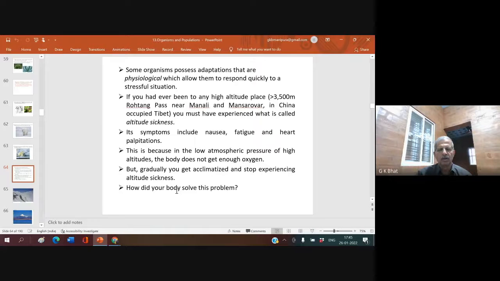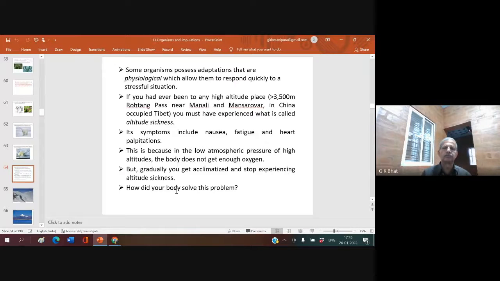When I underwent this training in the 1990s, there were absolutely no trees beyond 12,000 feet. The importance of these trees you will realize only at that time. Wherever you look, all around you are only mountains with snow, everywhere.